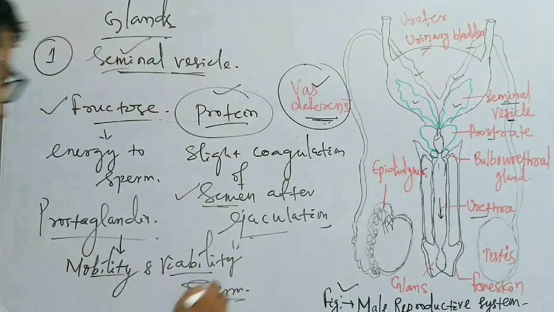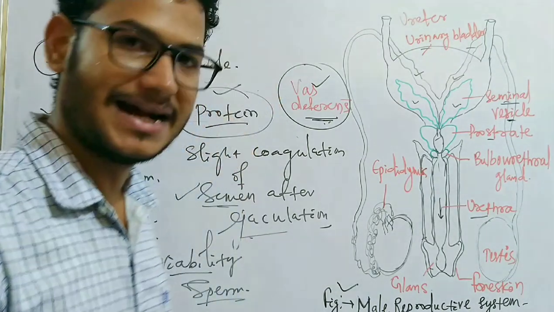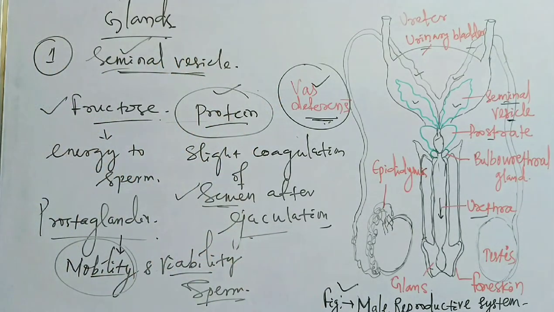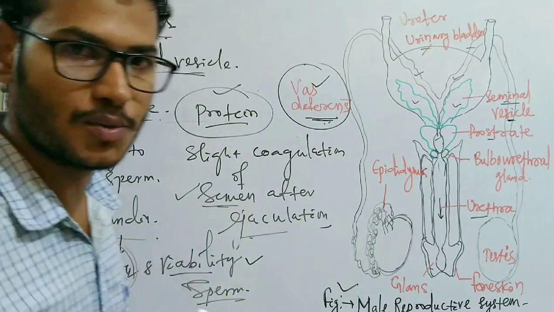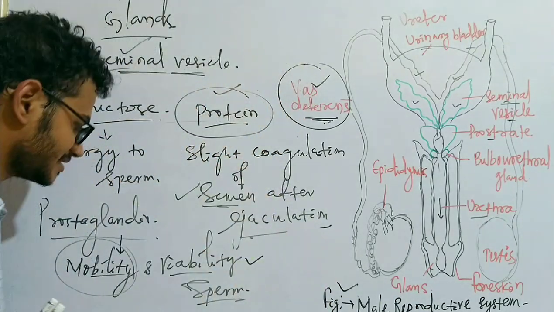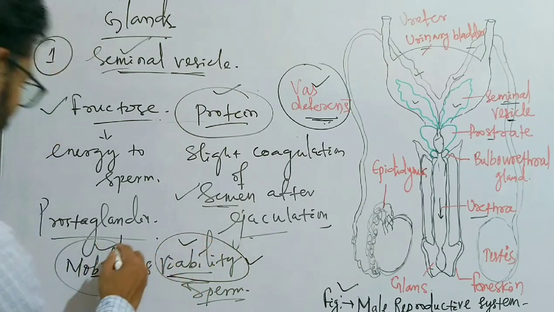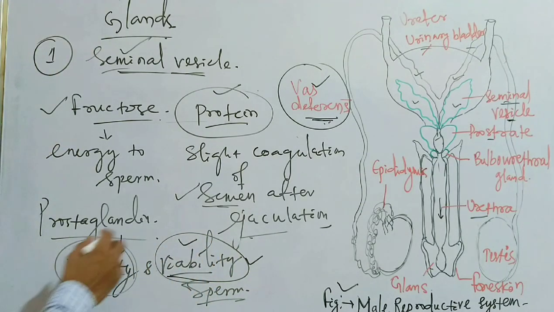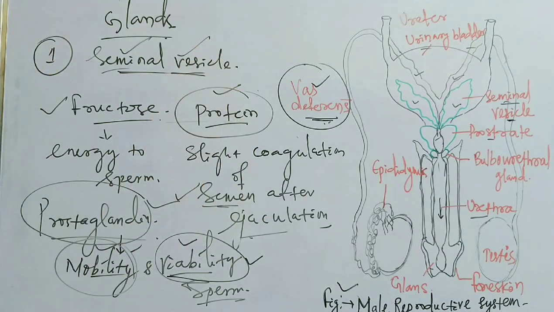Viable means having the ability to fertilize the ovum to produce the zygote. For successful fertilization to occur, the sperm needs to be viable. So viability and motility are provided by the prostaglandin secreted by the seminal vesicle.